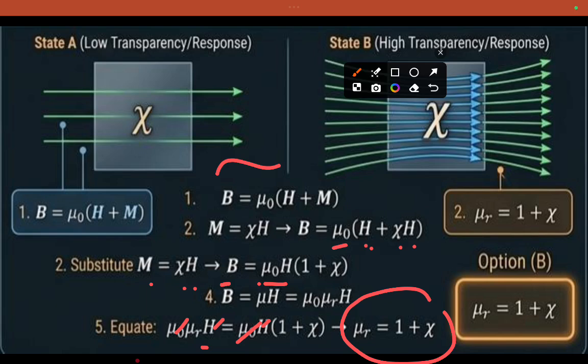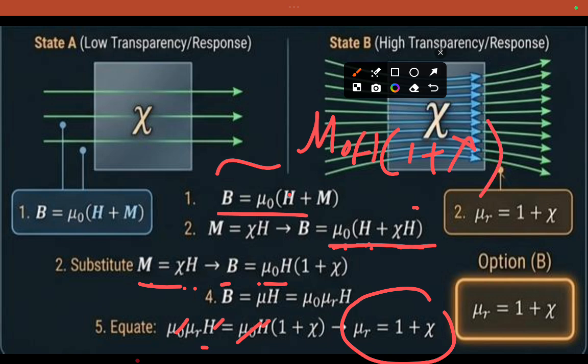Did you understand? Let's look again. First, B equals what? Mu naught of H plus M. Then M equals what? Chi H. Replace it in the formula: mu naught of H plus chi H in place of M. Now B equals mu naught H, taking it common, times 1 plus chi.